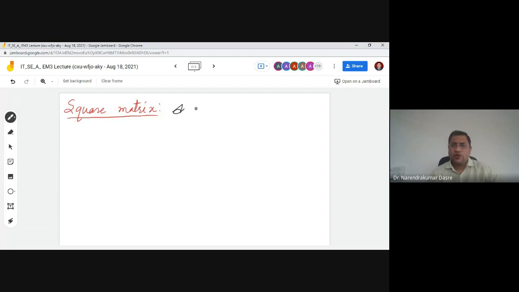So a matrix with equal number of rows and columns.